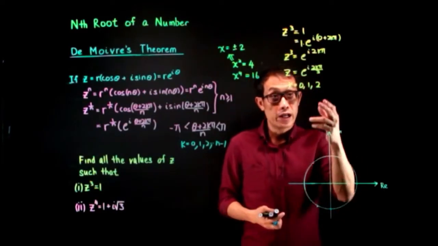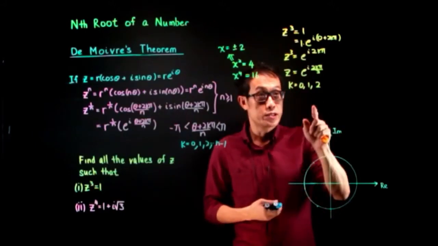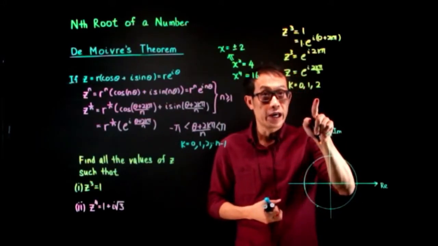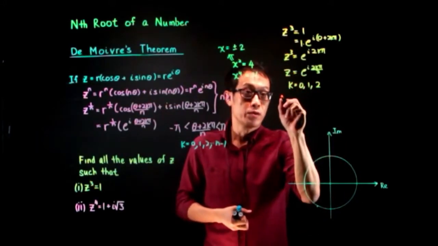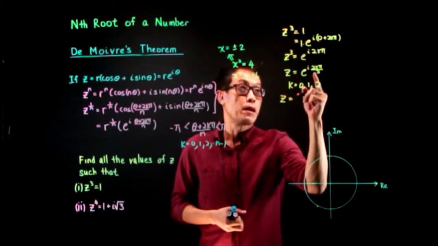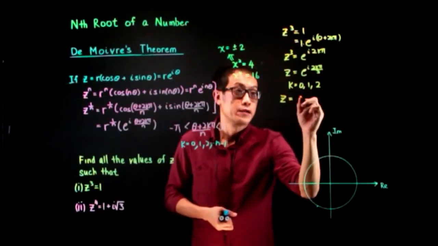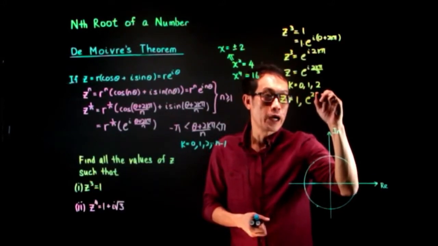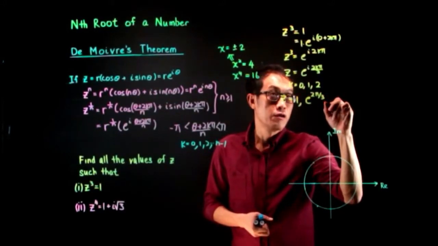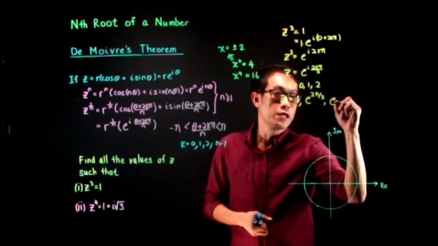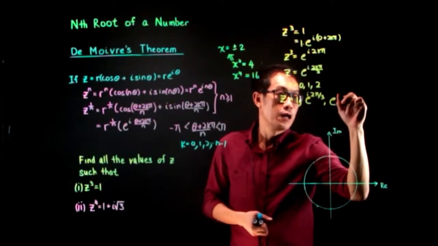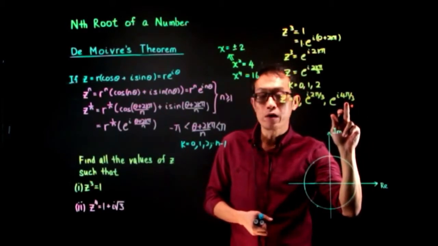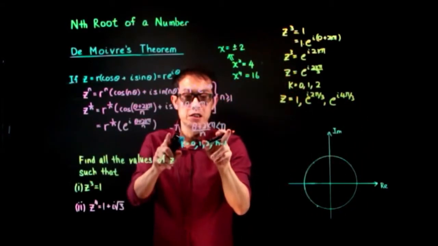So what are the values of z? We substitute all these values of k into z. So z will be equal to e to the power of 0, which is 1. Then e^(i 2 pi over 3), followed by e^(i 4 pi over 3). Now 4 pi over 3 is out of range.